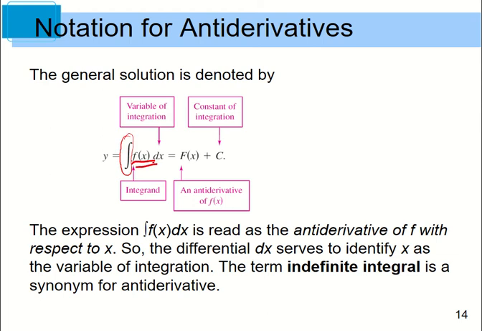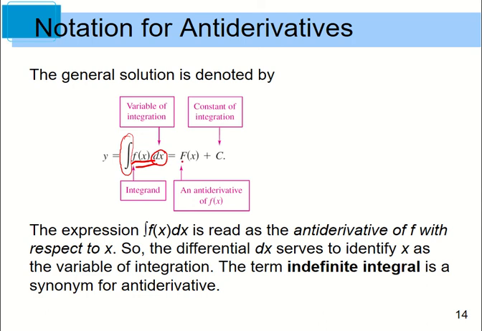The f of x is called the integral, so we integrate the function f of x. And dx refers to the variable of integration. So we integrate f of x with respect to x, which means we are integrating over the variable x.